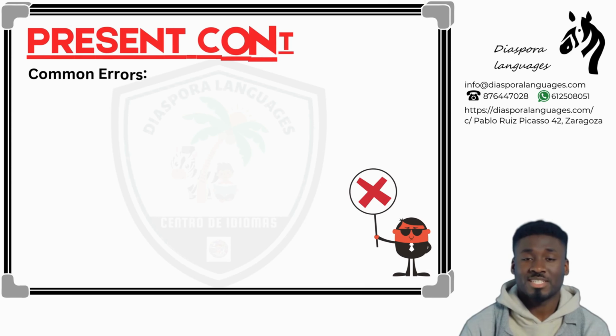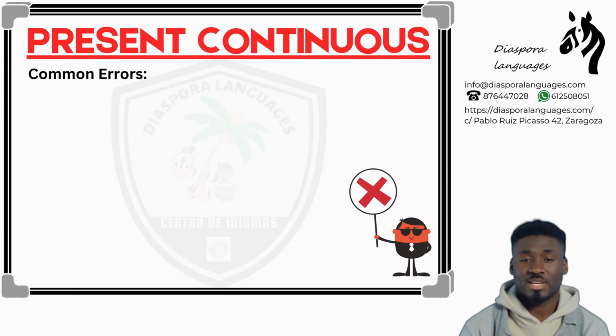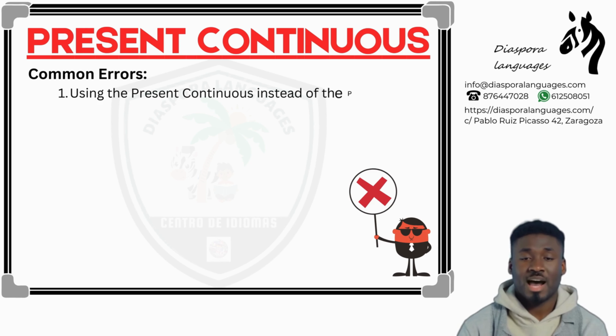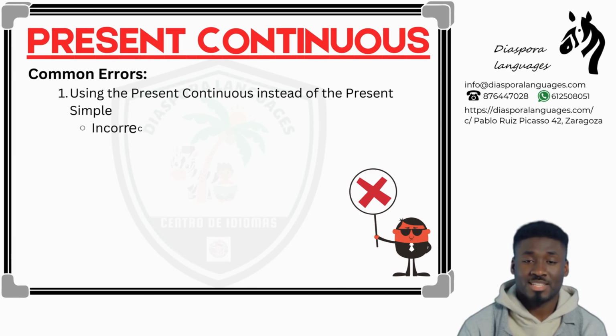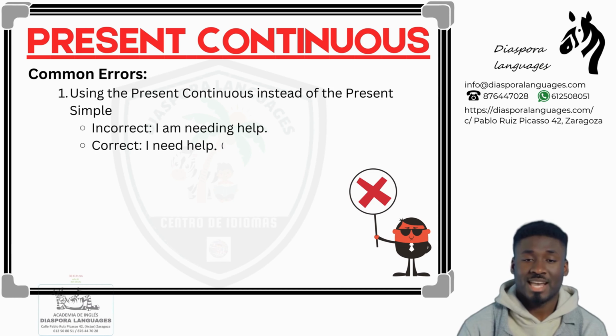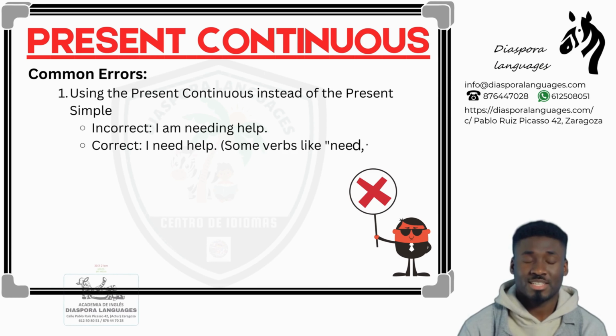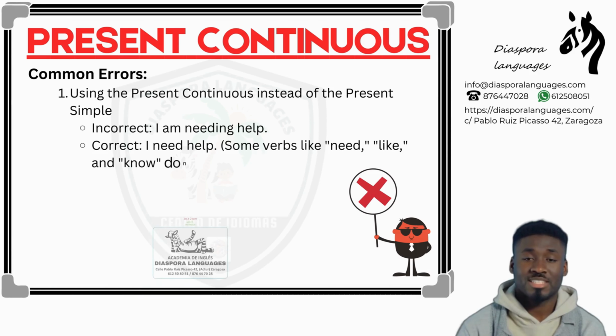Let's go over some mistakes people make with the present continuous so that you don't fall into these traps. 1. Using the present continuous instead of the present simple. Incorrect, I am needing help. Correct, I need help. Some verbs like need, like, and know don't use the present continuous. They are called state verbs.